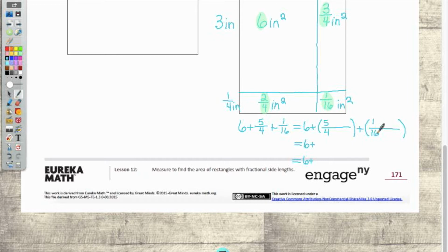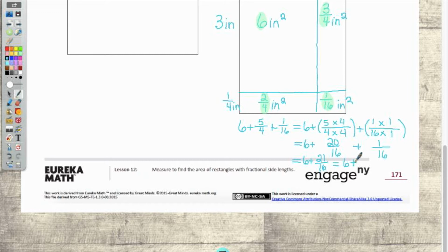Can we use one of those numbers already? Yeah. Because 4 goes into 16, right? 4 times what, Samaja? 4. So 5 times 4 is 20. Okay, so here's what I have. I have 6 plus 21/16. That's going to be 6 plus, and then I've got a mixed number, don't I?